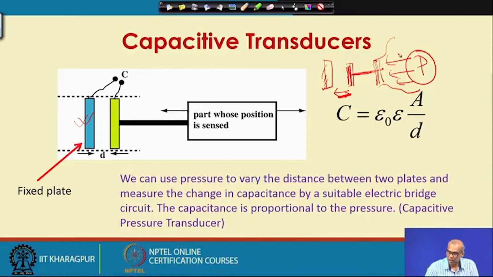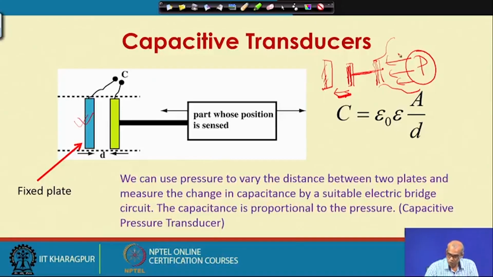Accordingly, a capacitance will be formed. So, the change in capacitance can be considered as a measure of pressure. This now becomes a capacitive pressure transducer.